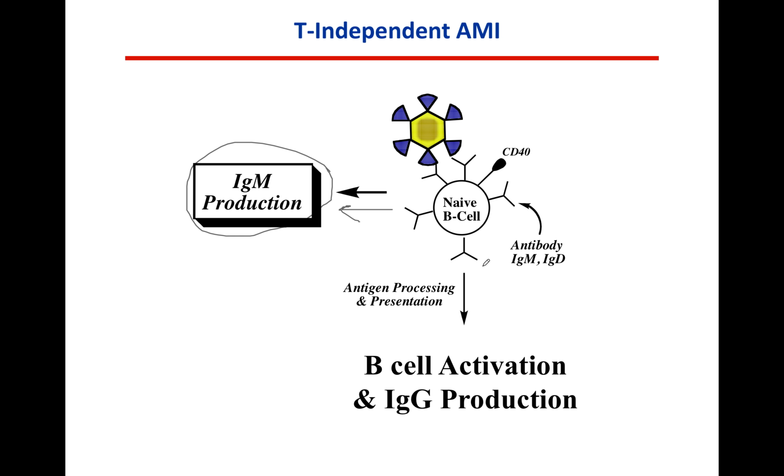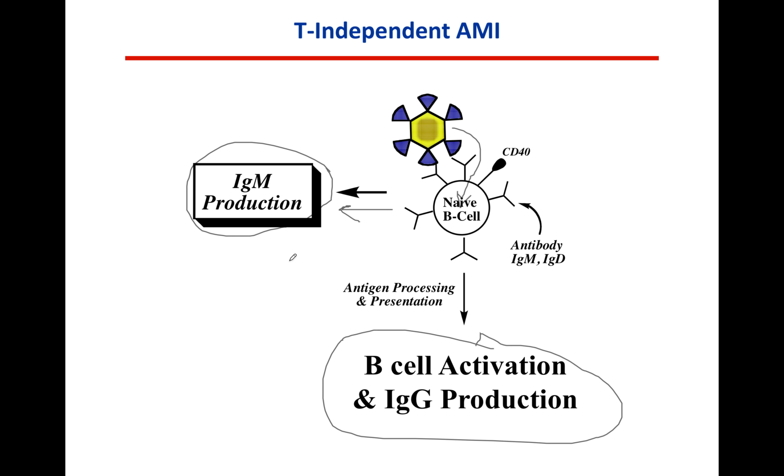And then what can happen is if the virus is taken up into the cell, then antigen processing can occur, which you already know about. Antigen processing will occur, and then, as you already know, B cell activation can occur, and IgG production can occur.